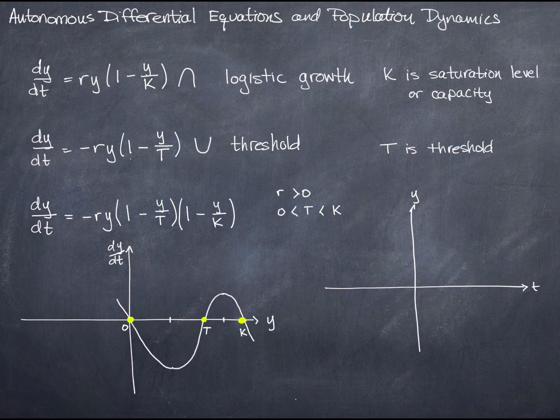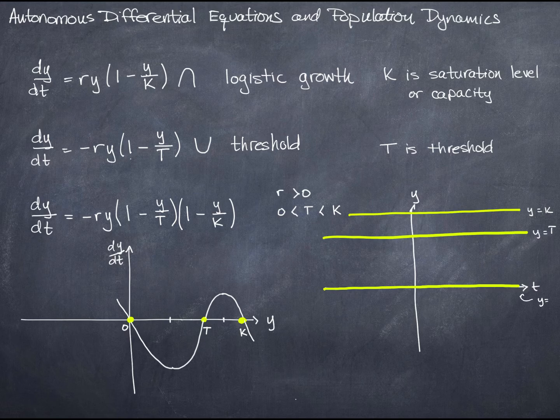So I have an equilibrium solution at y equals 0, an equilibrium solution at y equals t, and another one at y equals k. And I'll just label those. Y equals k. Y equals 0. There we go.